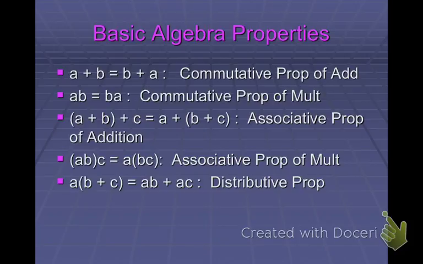Then we have the distributive property. Basically, whenever you distribute, A multiplied to B, and A multiplied to C, and we got AB and AC.